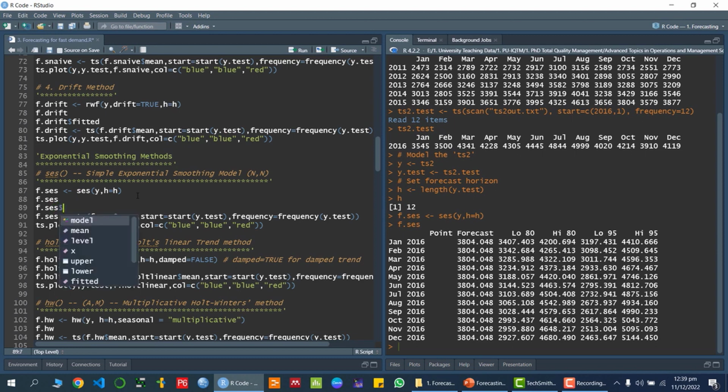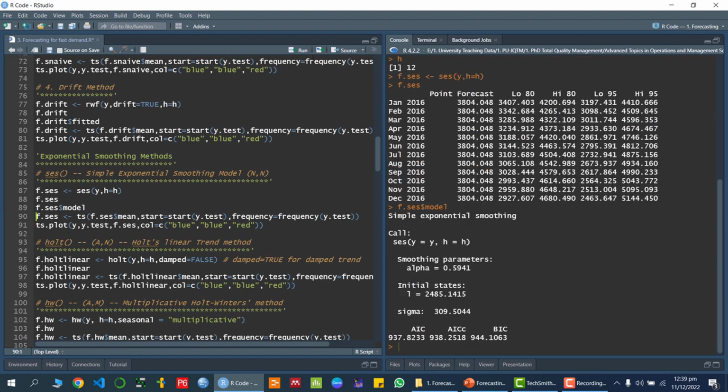If I write dollar sign and then model and run it, it shows that we have applied the simple exponential smoothing formula, what value of alpha R has selected, and what the initial value was.